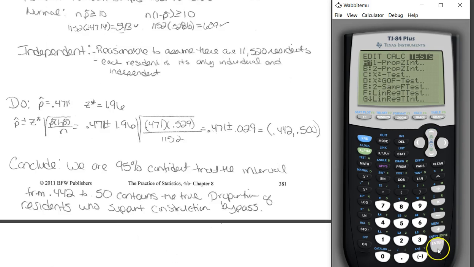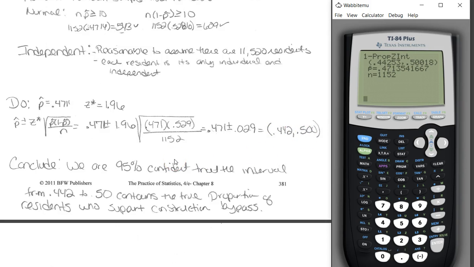Just scroll for that one. So I had a total of 543 that said yes out of 1,152. I was conducting it at the 95% confidence level and calculate. And that gave me 0.442 and 0.500.